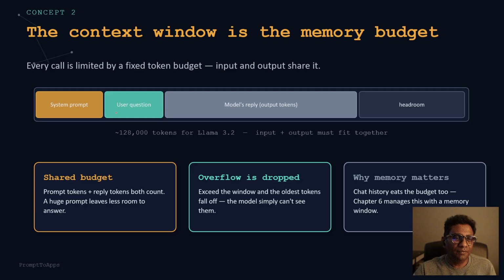The next thing we are going to learn is the prompt. Prompt is nothing but the input that you give to the large language model so that it responds back.